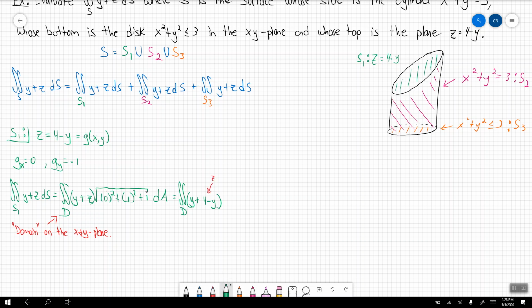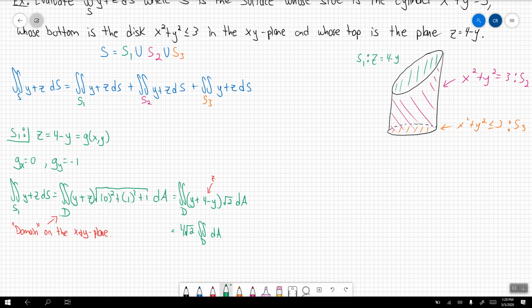And then I have the square root of 2, and this is going to be dA. Looking good so far. So the y's will cancel, and we're going to be left with 4 root 2 as a constant, and we're going to integrate over that region with respect to its area.